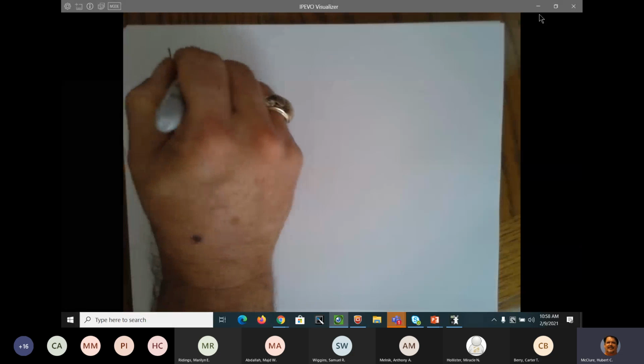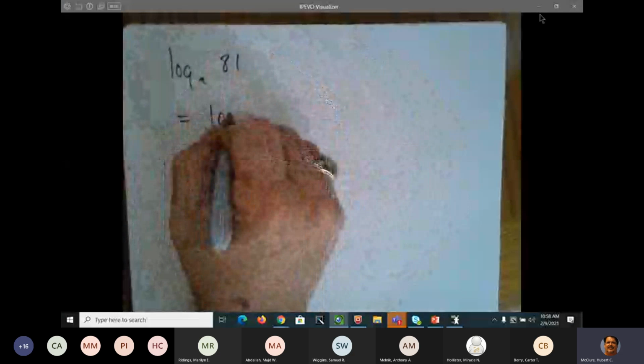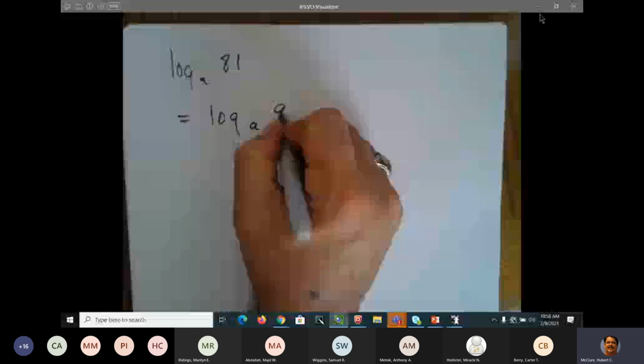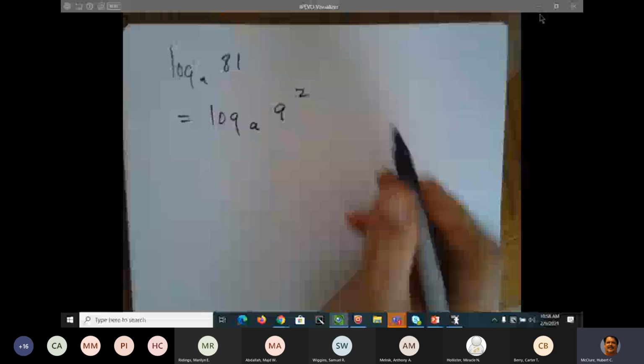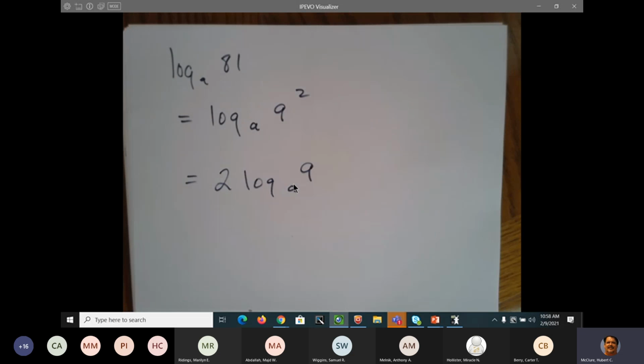Now, log base A of 81 is equal to log base A of 9 to the second power, which is equal to 2 log base A of 9. And you could carry that further, and you could say log base A of 3 times 3, which would be 2 log base A of 3 times 3.